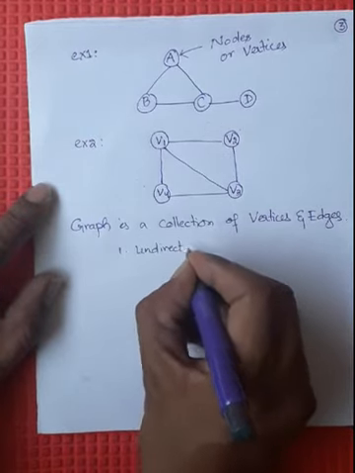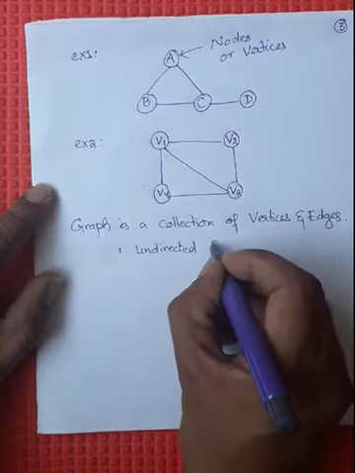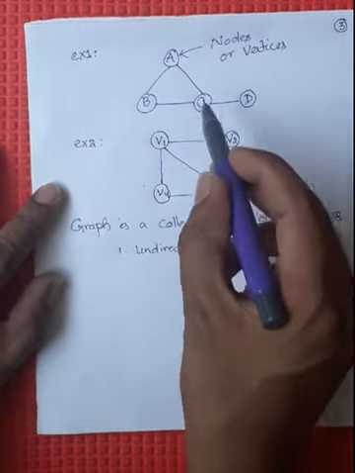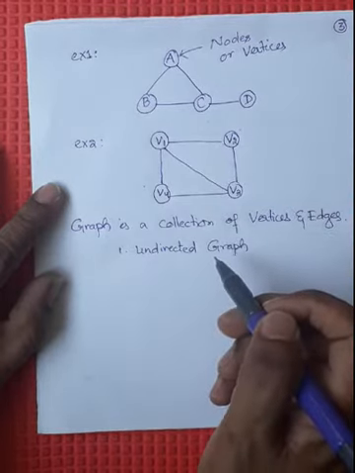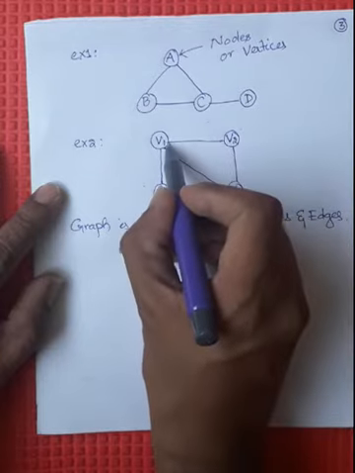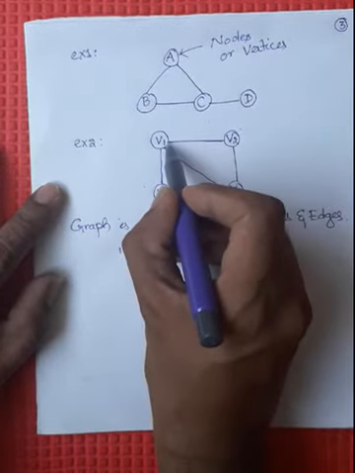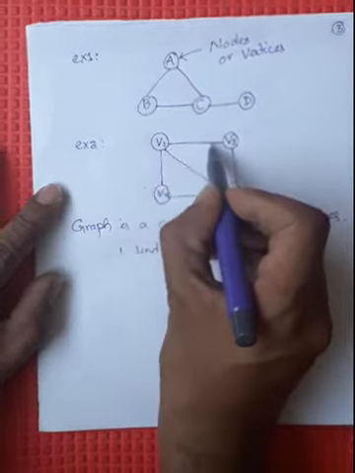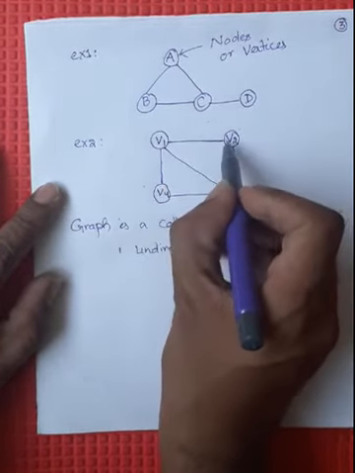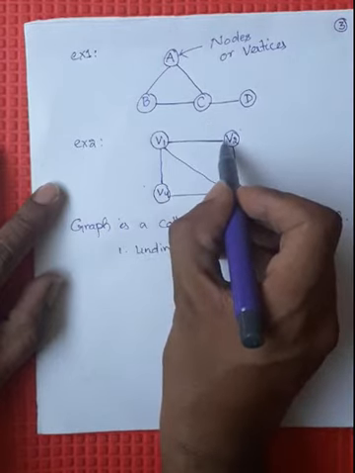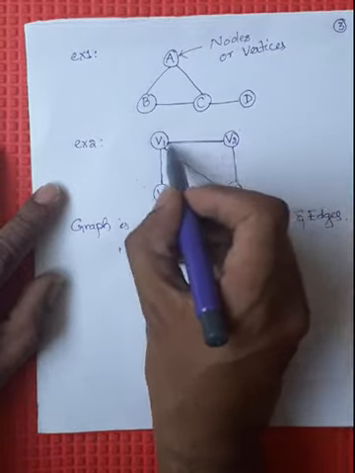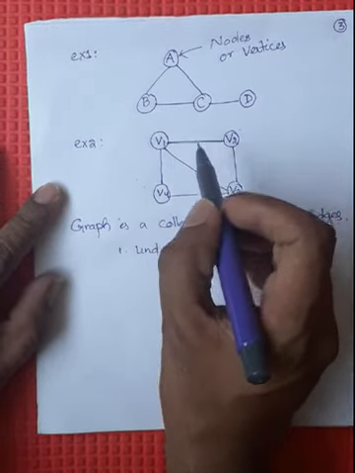Undirected graph means the edges do not have any directions. Examples 1 and 2 are examples of undirected graphs, meaning the connecting lines do not have any pointing arrow. If there is a connecting line from V1 to V2, it means from V1 we can go to V2, and similarly from V2 we can come back to V1. So this edge does not have any direction.